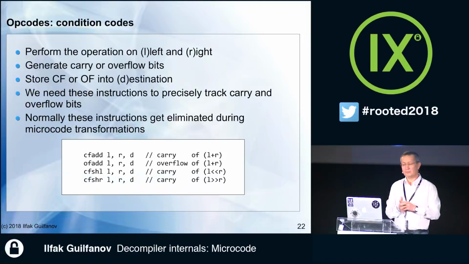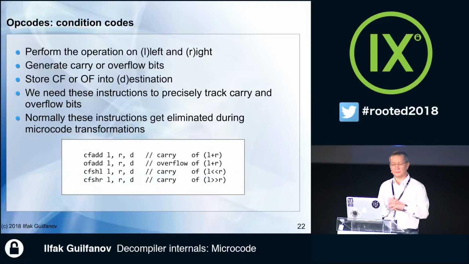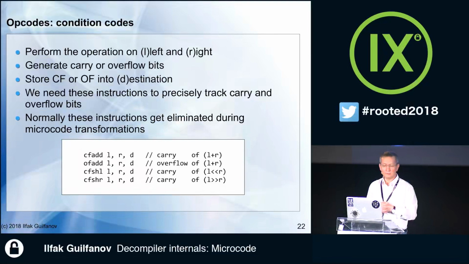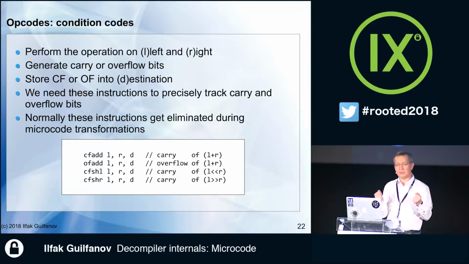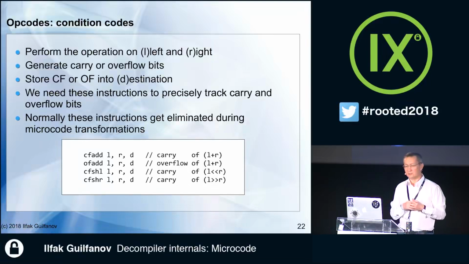This group of instructions is kind of odd because we talk about generating a condition code for an operation. For example, the first one, CF add, means add left to the right, calculate the carry bit of the operation and store it into the destination.